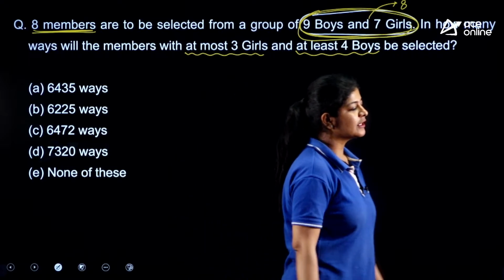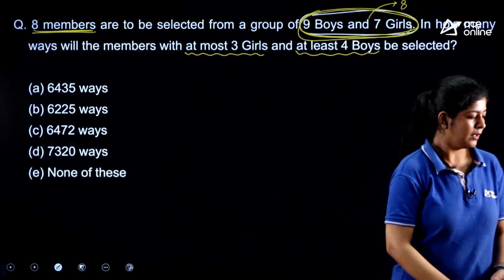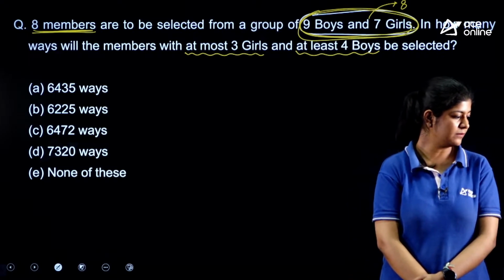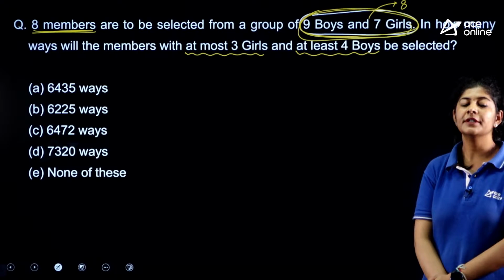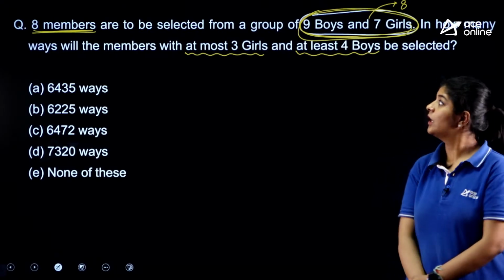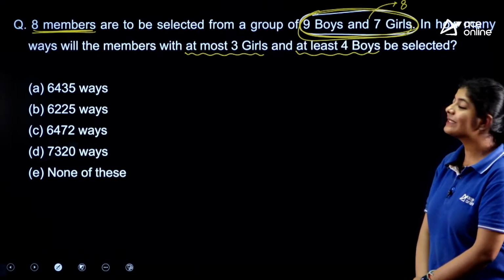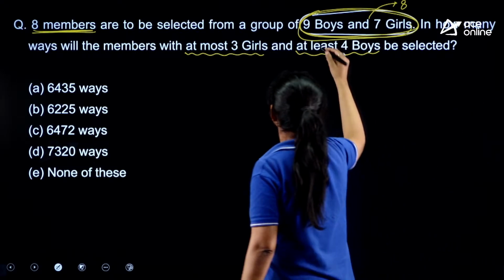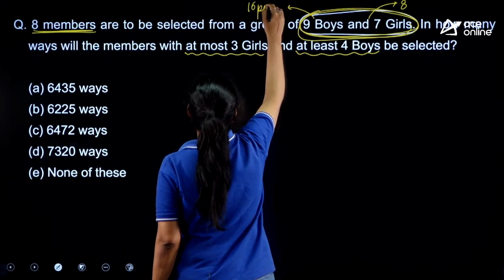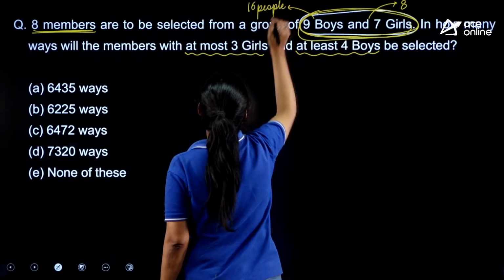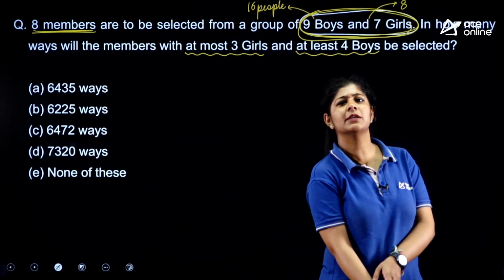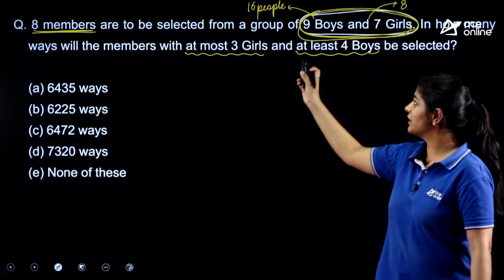So how many ways are we having? 9 plus 7, that means we are having a total of 16 persons. Out of 16 people, we only need to select 8 people with such a condition.